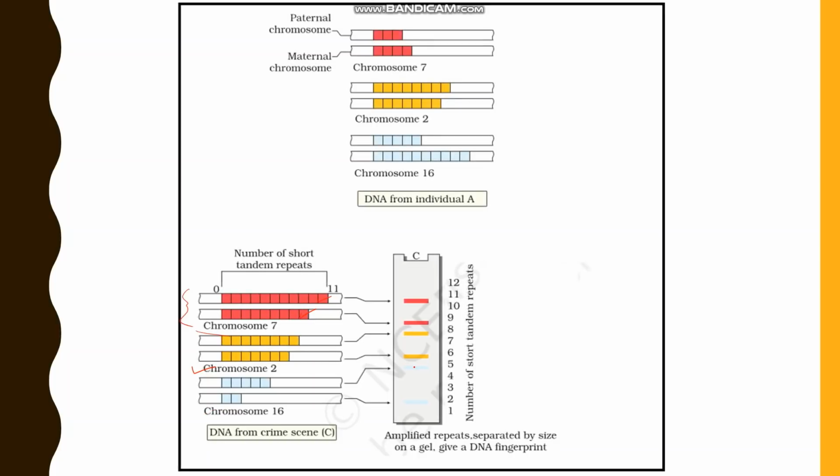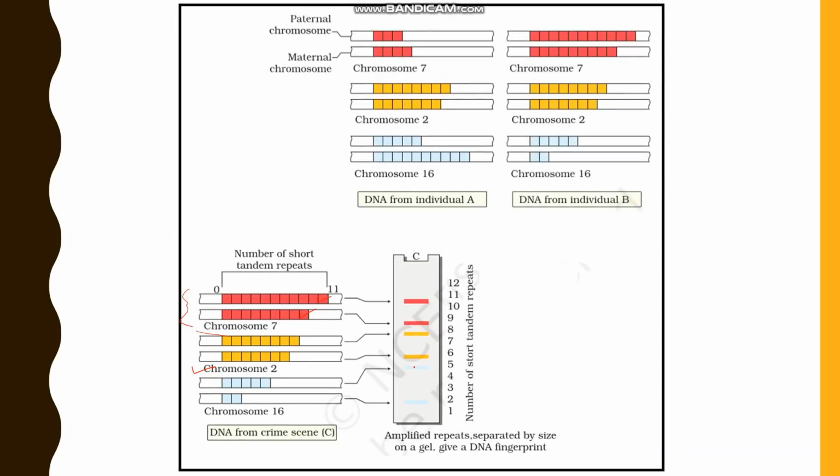So this is the DNA isolated from the suspect, that is individual A. This is the DNA isolated from suspect individual B. The same chromosomes are considered here, chromosome number 7, here also chromosome number 7.